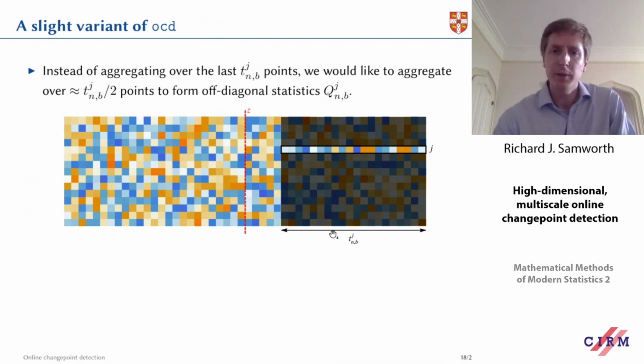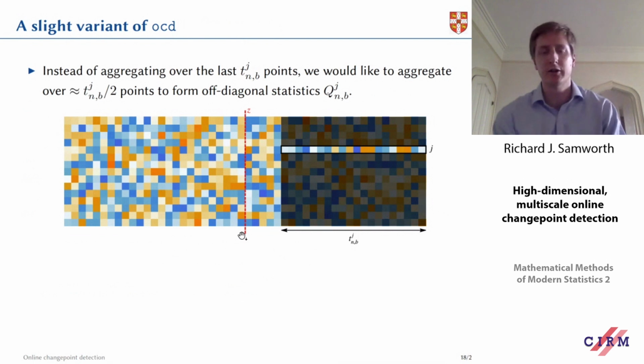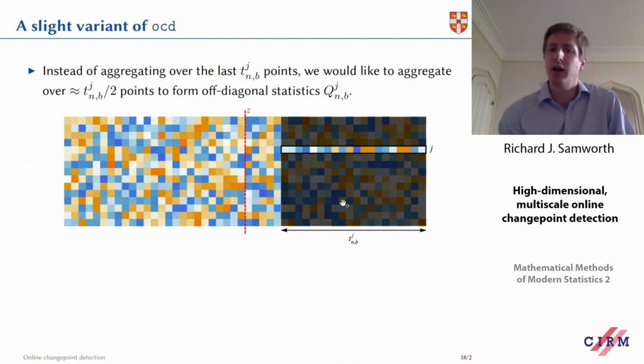Remember, we'd like to be in the favorable situation where the residual tail length doesn't extend beyond the true change point, because this means we're only aggregating over post-change observations in computing our off-diagonal statistic. But of course, we can't guarantee that we're not in the situation where the residual tail length is large enough that we're aggregating over pre-change observations as well.